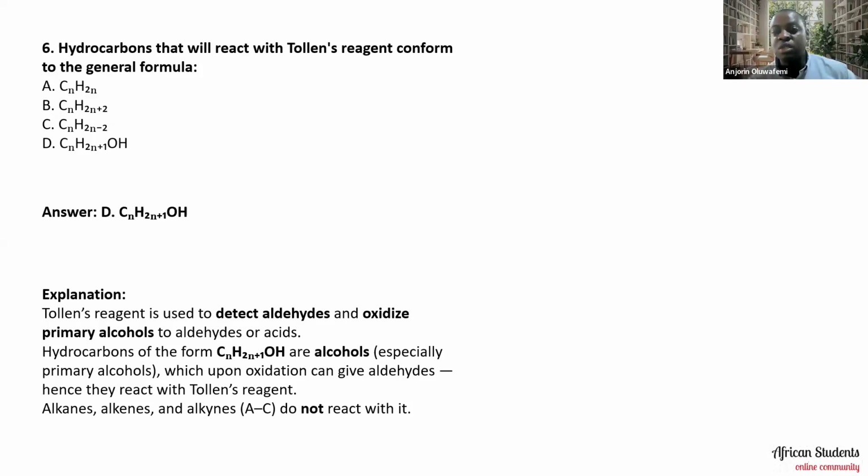Hence, they react with Tollens' reagent. Alkenes, alkanes and alkynes do not react with it. So options A to C, represented with CnH2n, CnH2n+2, CnH2n-2, cannot react with Tollens' reagent. The only one there is the alcohol, with the general formula CnH2n+1OH, that can react with Tollens' reagent.